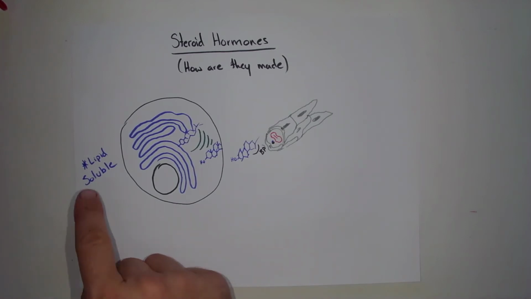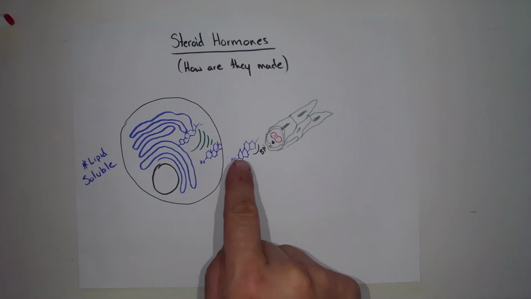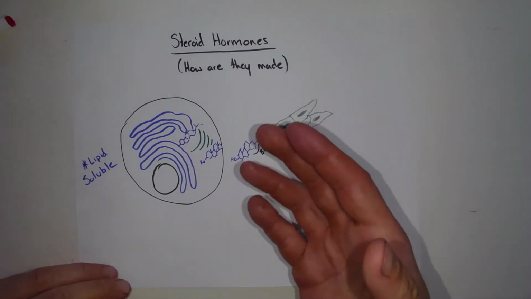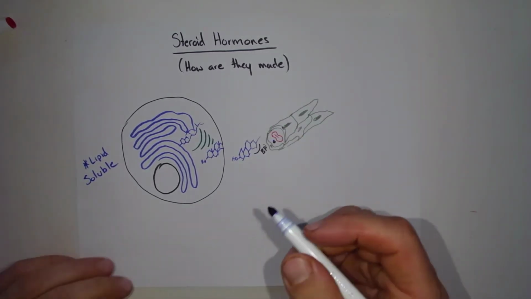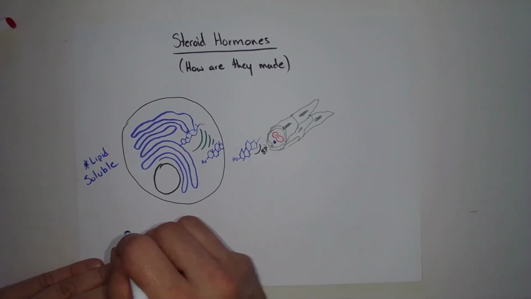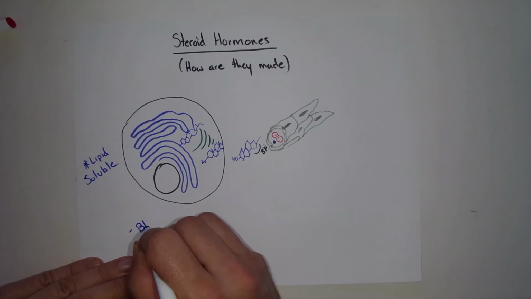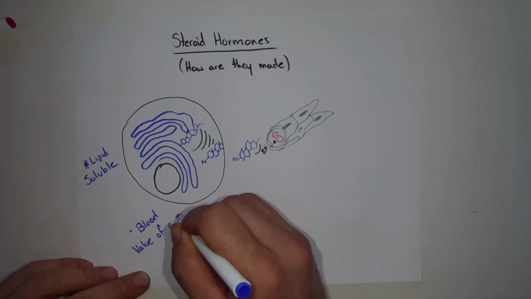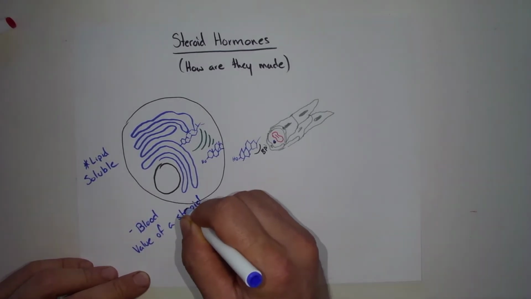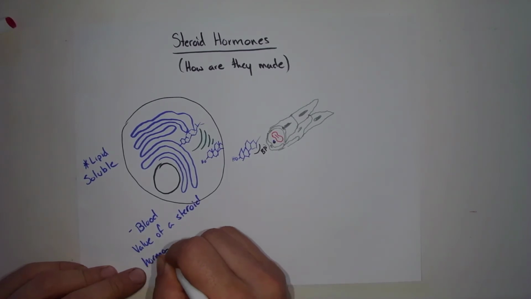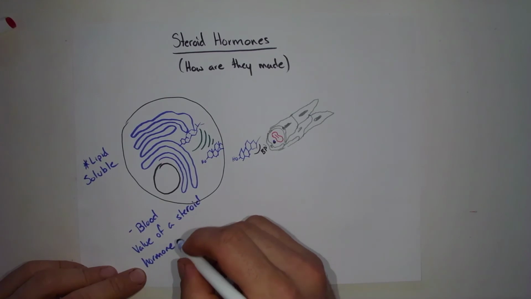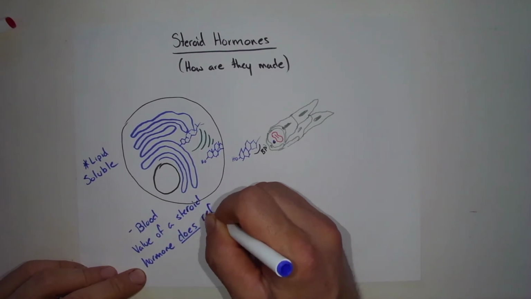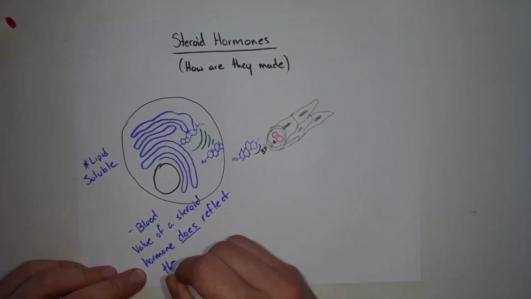Now, because of this quality, that they're lipid soluble and they can get right out into the extracellular fluid, and if a binding protein is available, be taken up into the blood, we say that the blood value of a steroid hormone, what we measure in the blood for that steroid, does reflect the rate of synthesis by that cell.